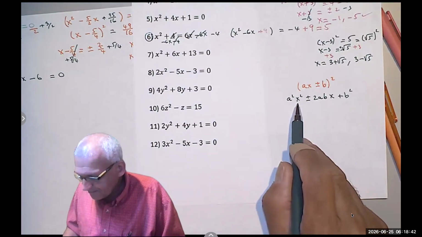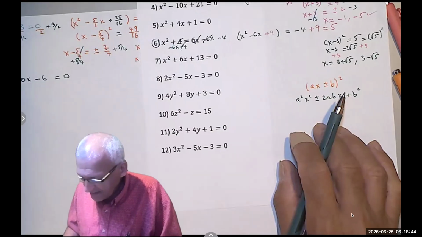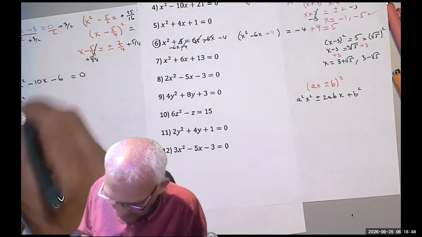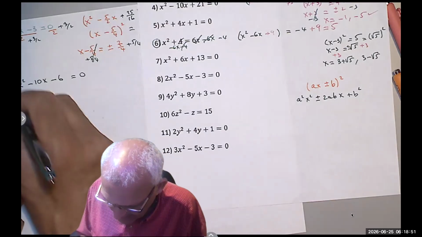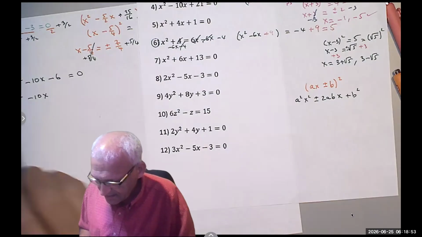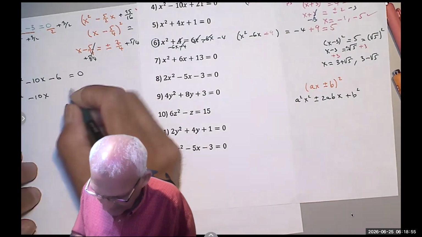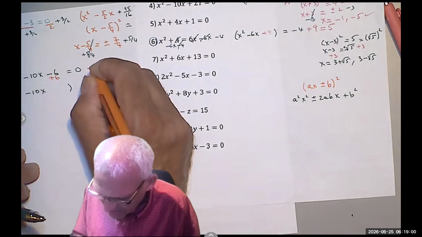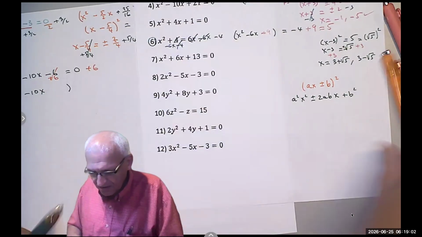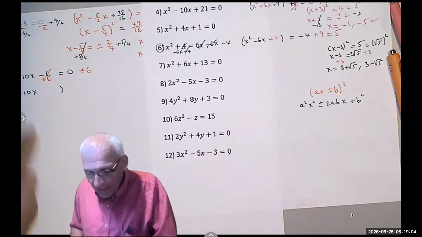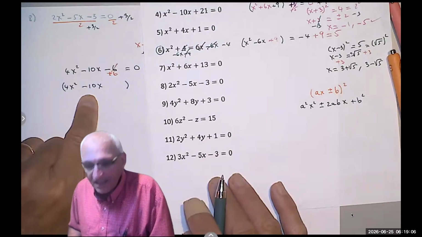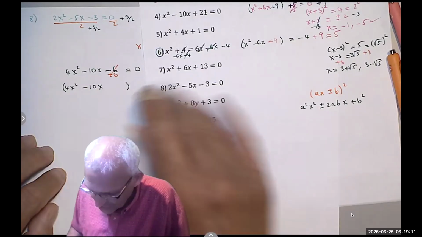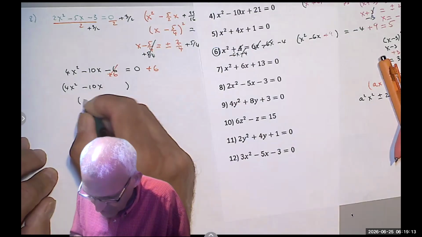So now I know that 4x squared minus 10x can be made as a perfect square. Of course, before that, I'm going to add 6 to both sides. Just move it from the get-go. So this guy is twice AB. Notice that A is 2x, right? It's 2x.